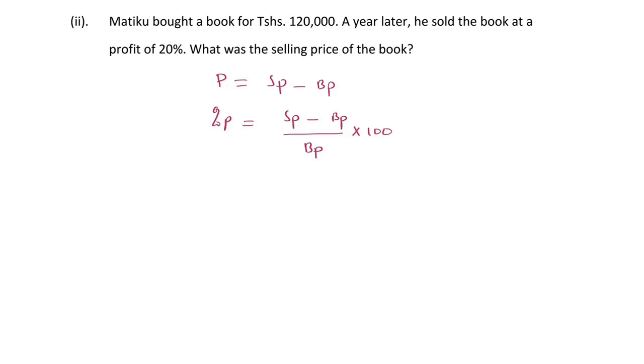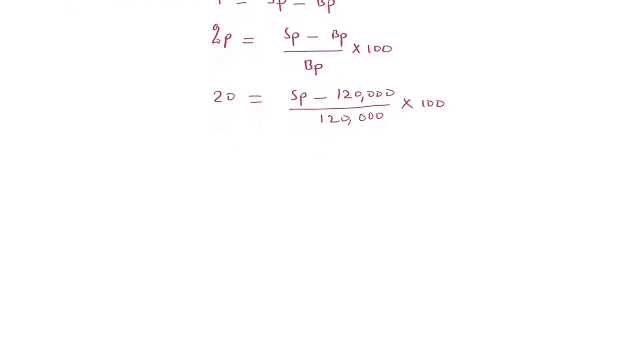Okay, so now let us apply the numbers which we've been given. We are going to have 20 equals selling price minus 120,000 over 120,000 times 100. Next, let us divide by 100 on both sides.